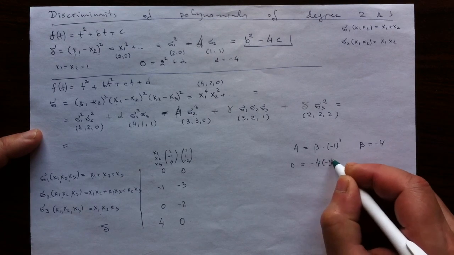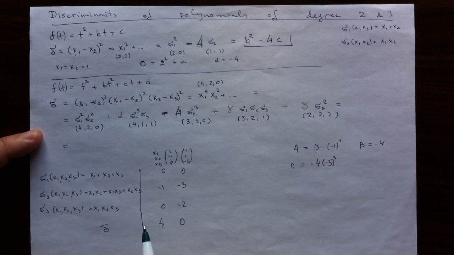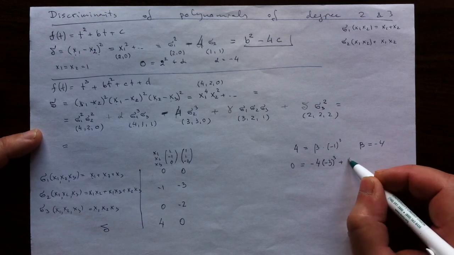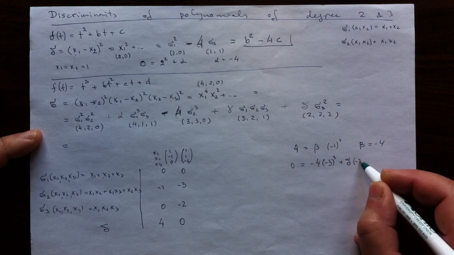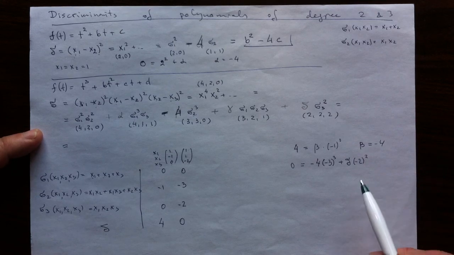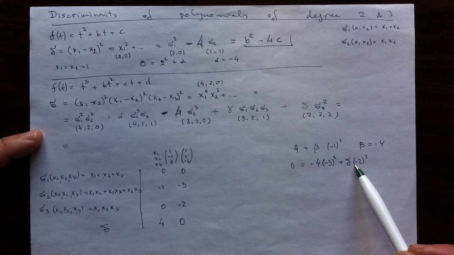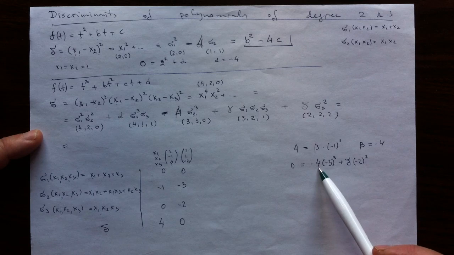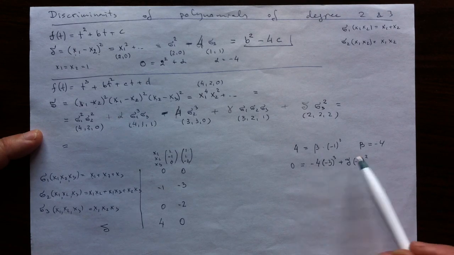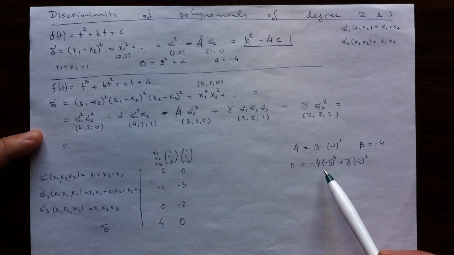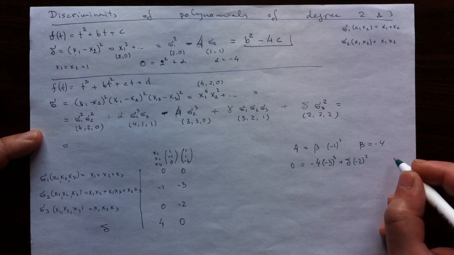I'll just write it as it is, negative 3 cubed. And then delta with coefficient sigma 3 squared, negative 2 squared. So look what happens: negative 2 squared is 4, and I have 4 again, and I have minus and minus cancelling out, so I can cancel 4 out, and then delta will be matching with negative 27.